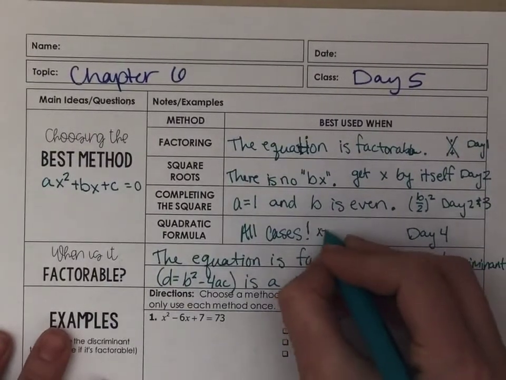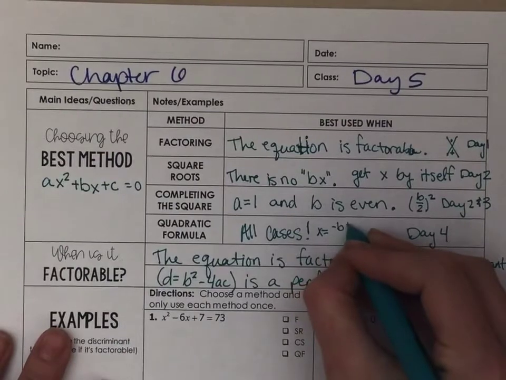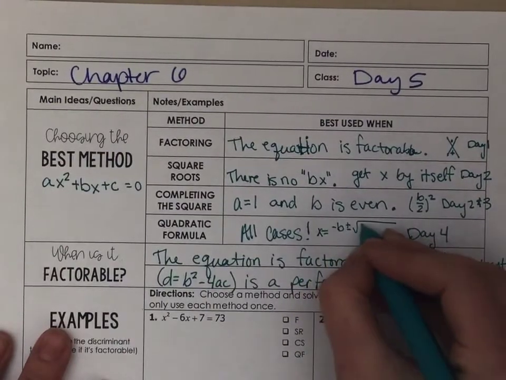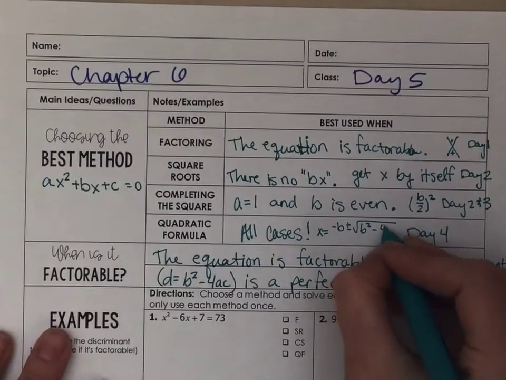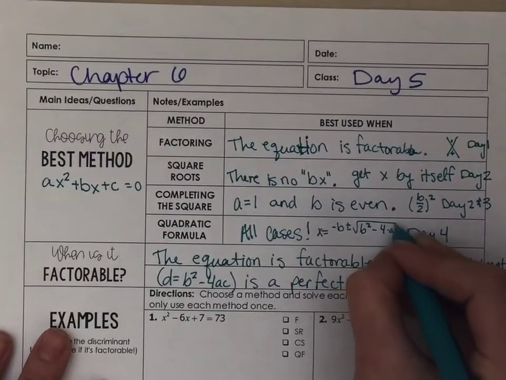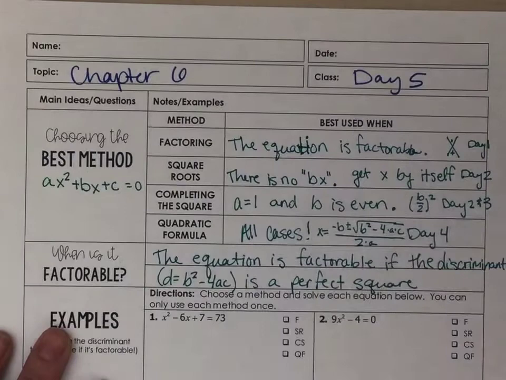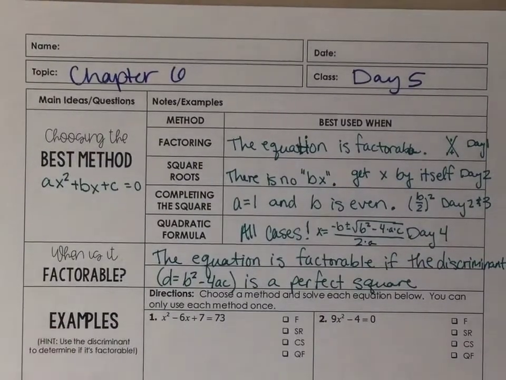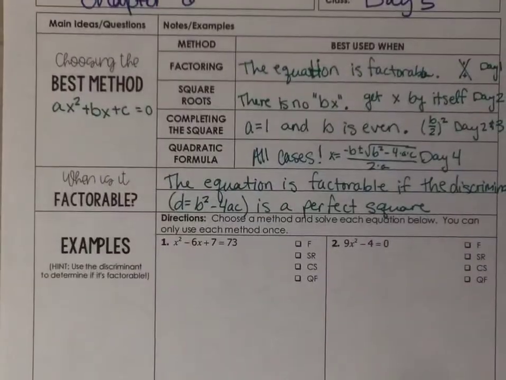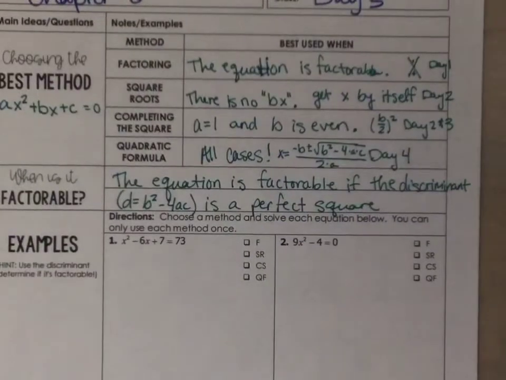Remember that the quadratic formula is negative b plus or minus the square root of b squared minus 4 times a times c, all divided by 2 times a. And you can look back in that day 4 notes page if you want that as well. So anyway, we are going to do a couple of these 4 examples that are down here. So let's see. I'll just start with problem number 1.